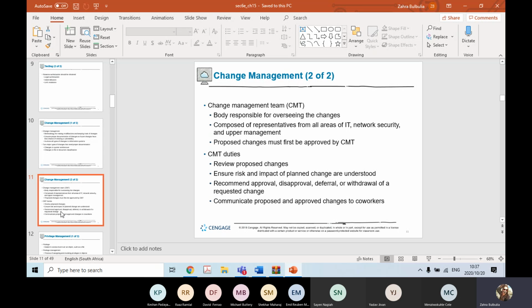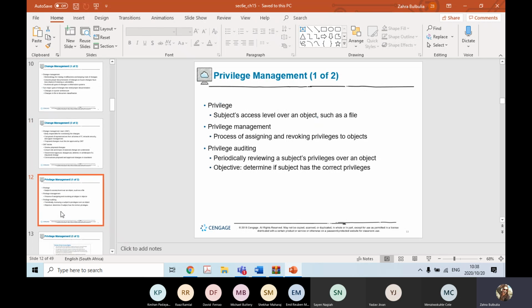It's composed of representatives from all areas of IT, network security, and upper management, and proposed changes have to be made by your CMT. Their duties are to review the changes, ensure the risk and impact of planned changes is understood, recommend approval from the board, and communicate these proposed changes to co-workers.